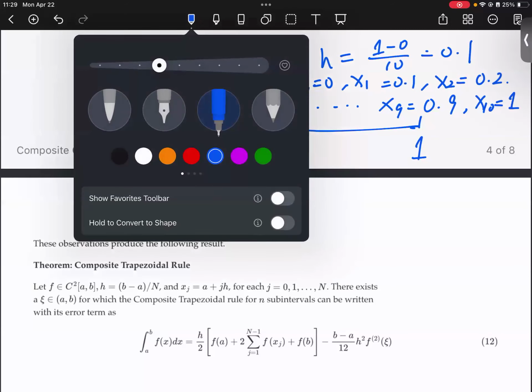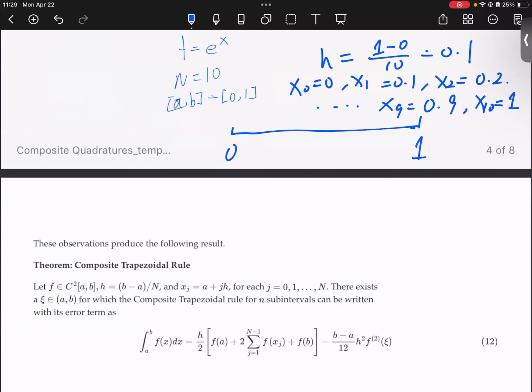If you want to calculate the approximation of the integral, you need to use this formula here. For example, here h equals 0.1, so you calculate 0.1 divided by 2, and you have f(a) with coefficient 1.